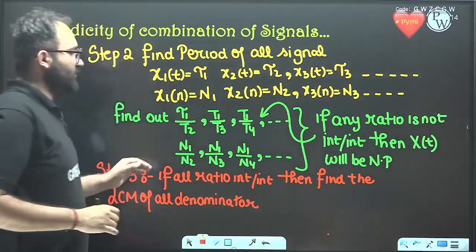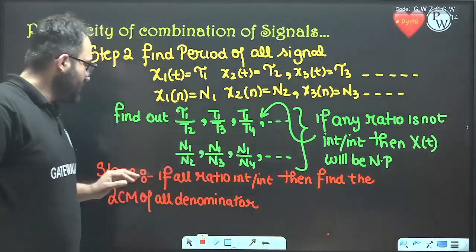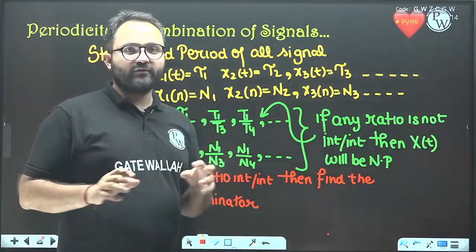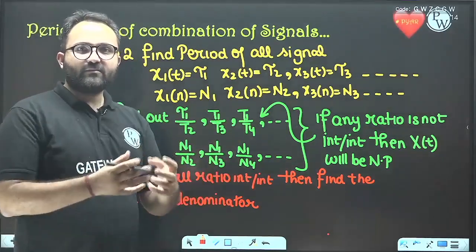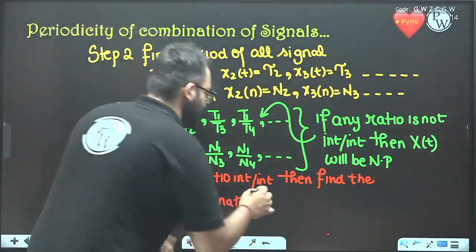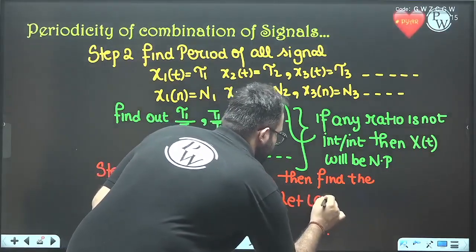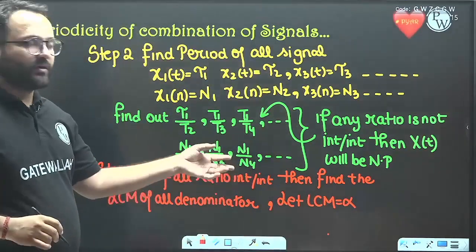If all the ratios are integer upon integer type, then find the LCM of all the denominators. So find out the denominators of the ratios and take their LCM. Let the value of the LCM be alpha.